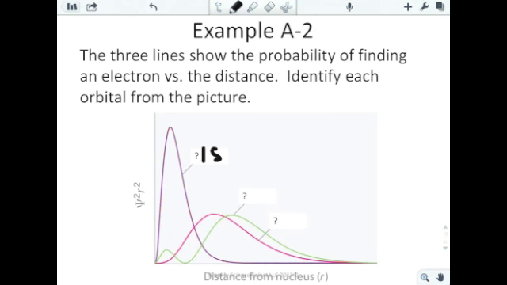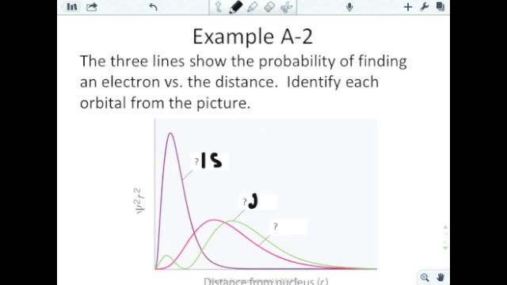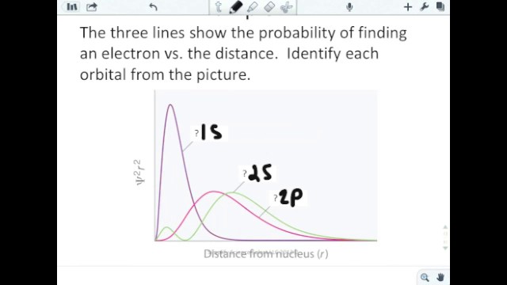We see a little bump right here, so that green line is going to be our 2s. And then the red line will give us our 2p, just because of the distance from the nucleus, and there's a high probability for each of those.